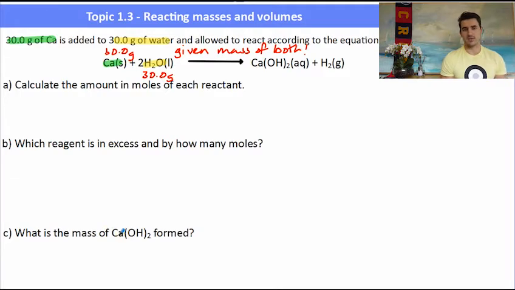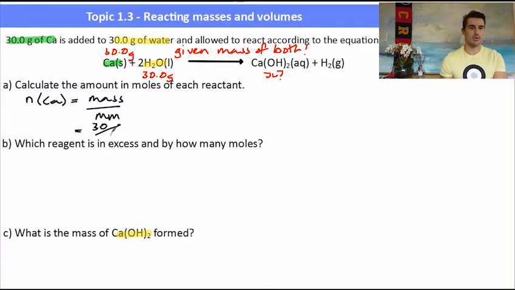But before we can calculate that, there's a few steps that we need to go through. The first step in any limiting reagent question is to calculate the number of moles of both of the reactants. So we need to find the number of moles of calcium. We've been given a mass, so the number of moles will be mass over molar mass.